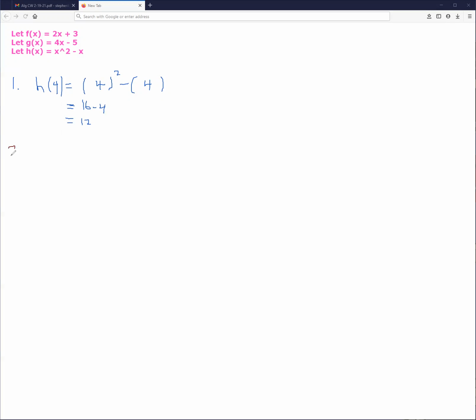All right, now that we've done that, let's ask ourselves, what is f of g of 6? Okay, so the inside function is the g. So the 6 is going to be fed into g, and then the result of that is going to be fed into an f. So let's feed 6 into g. 4 times something minus 5, which puts a 6 here.